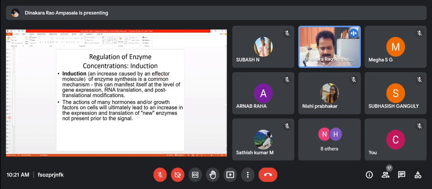The protein will then go through different stages: methylation, amidation, and like that. These you can call post-translational modifications. Post-translational modification is also one type of checkpoint to regulate enzymatic activity.